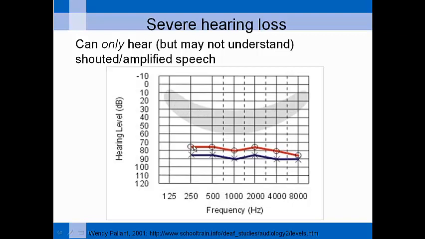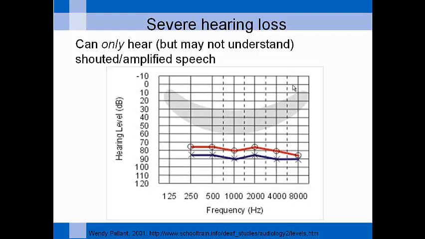This is an example of a severe hearing loss, and I should have probably pointed out, you can see this gray shaded area here. This is kind of representing that speech banana. This is where all those speech sounds that we saw on that other example are at. And so the circles and the X's are below that. And that means that they cannot hear this at all.